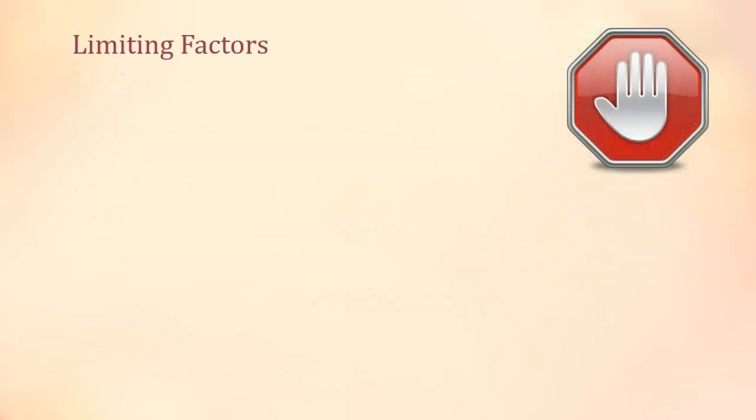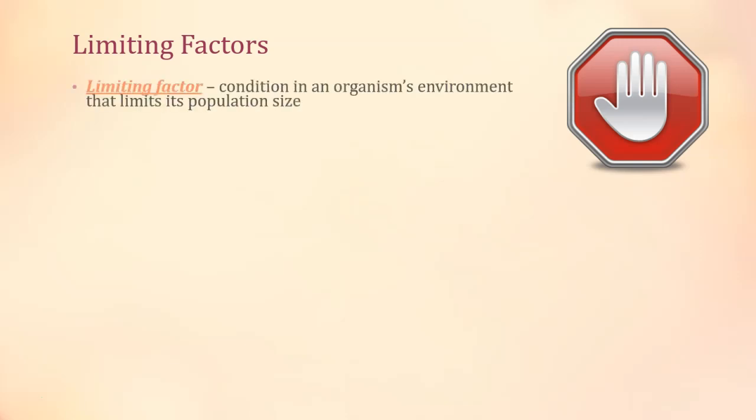On the previous slide, we looked at many examples of limiting factors that keep the squirrel populations in check. But how can we define limiting factor? A limiting factor is a condition in an organism's environment that limits its population size. It's something about its habitat that stops the population from getting bigger or causes it to get smaller.